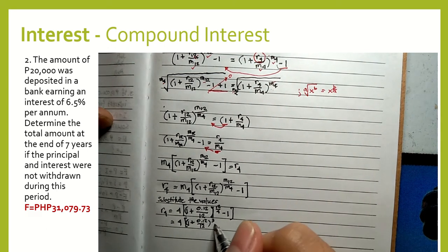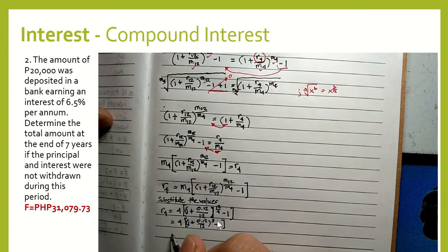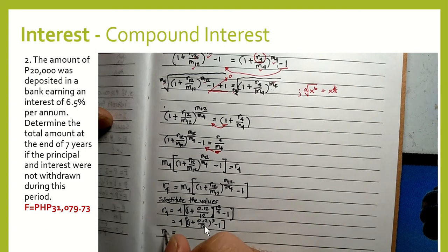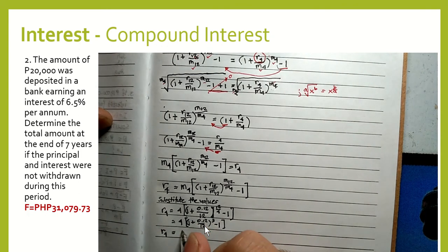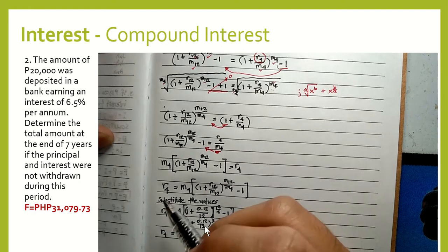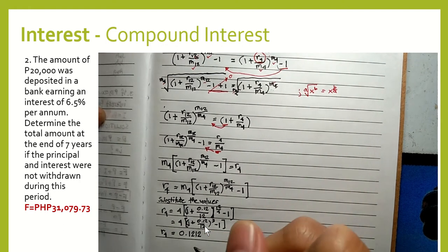I think it will be much easier if we divide 12 by 4, since it's divisible, so that will be equal to 3. So we can now calculate, and the result is 0.1212.